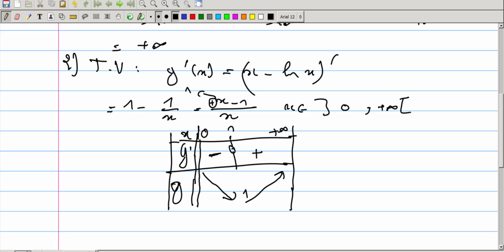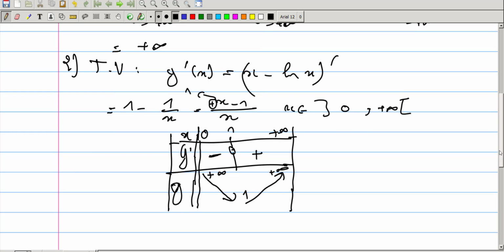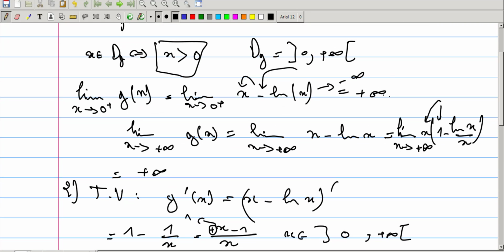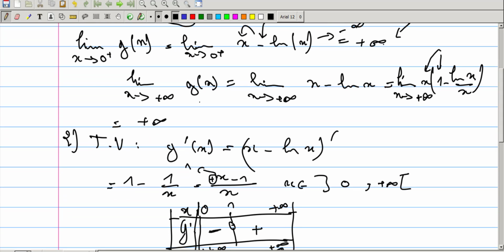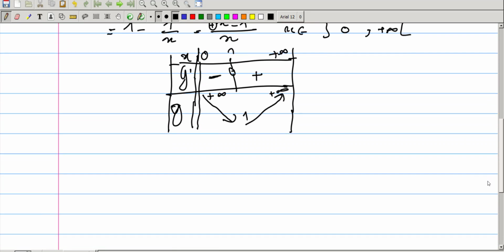Cool. We said the f of 0 plus is plus infinity. Same thing for plus infinity. Yes, I just checked, as you see here, it is plus infinity and plus infinity. Cool. So we're done.